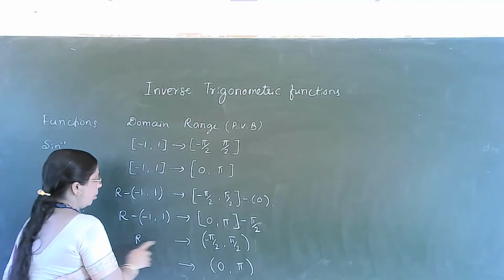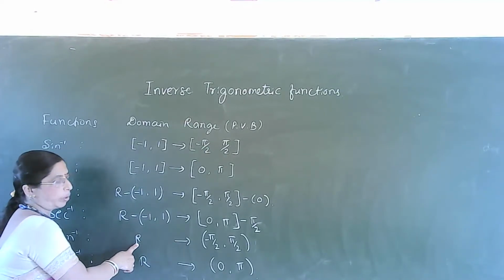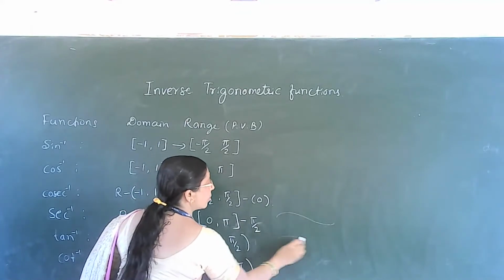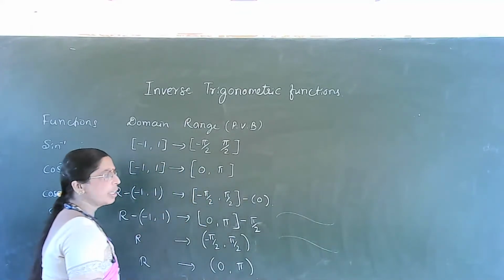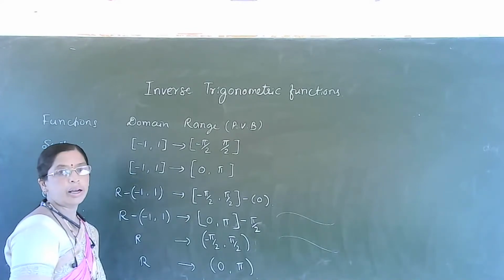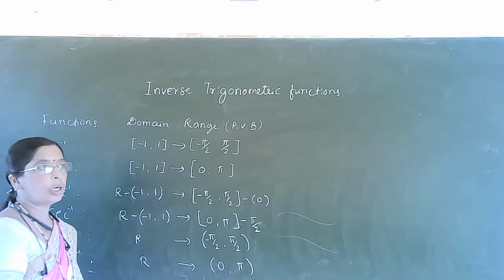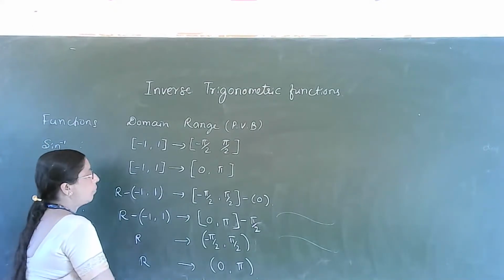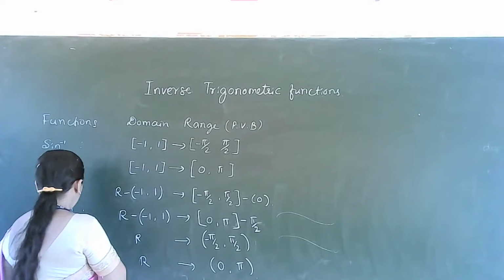Tan inverse: the domain is R. You already know the graph of the function, therefore I didn't discuss it here. I only glance at the formulas to solve the problems of inverse trigonometric functions.